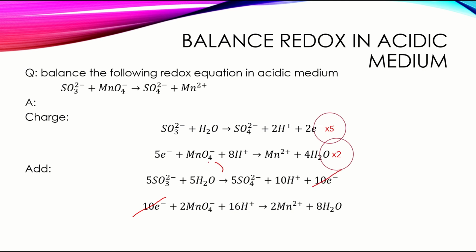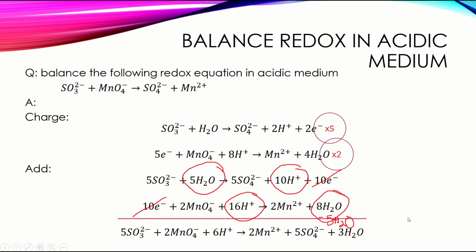Here we have 5H2O on the left side and on the right side we have 8H2O, so 8H2O minus 5H2O. On the left side we have 16H plus, and on the right side we have 10H plus, so 16H plus minus 10H plus. Our final equation now will be as follows.